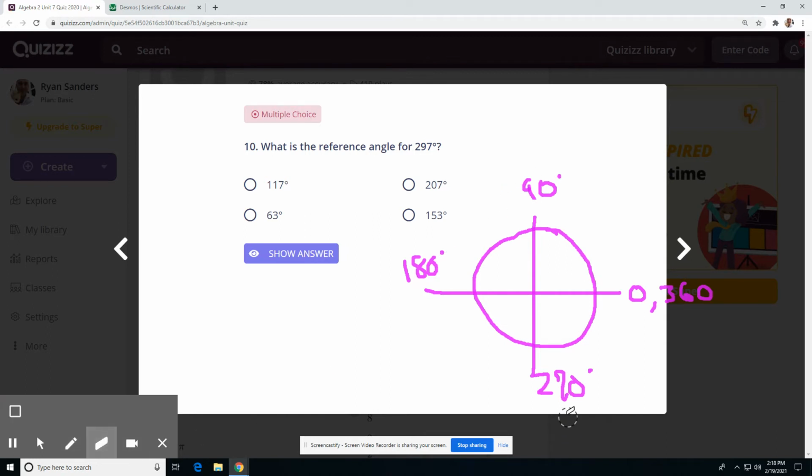That 7 should not have a little tail on it. All right, it's a 7. It's a 0. All right, 270 degrees. So you would see where 297 lands, and then you would compare it to the x-axis. You'd subtract it from either 180 or 360, and that would give you your reference angle.